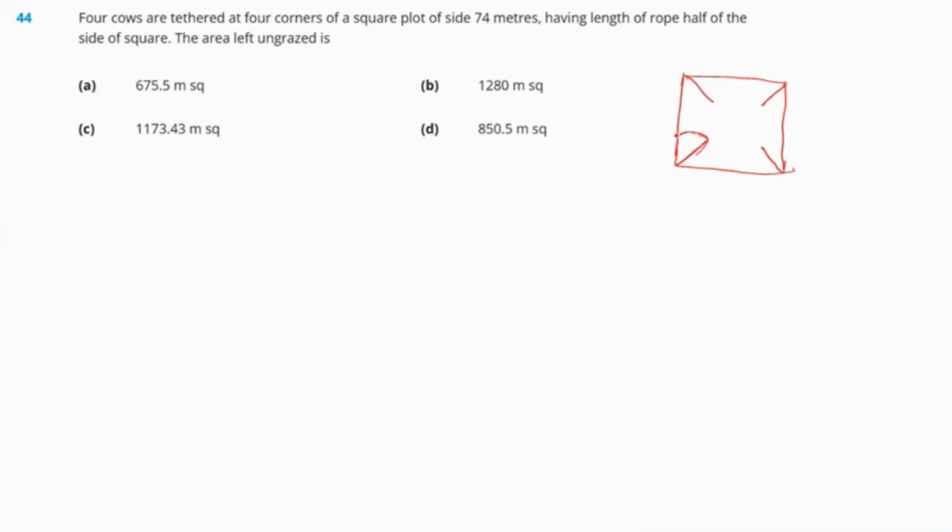So they will be able to graze only that much area, from both the sides.